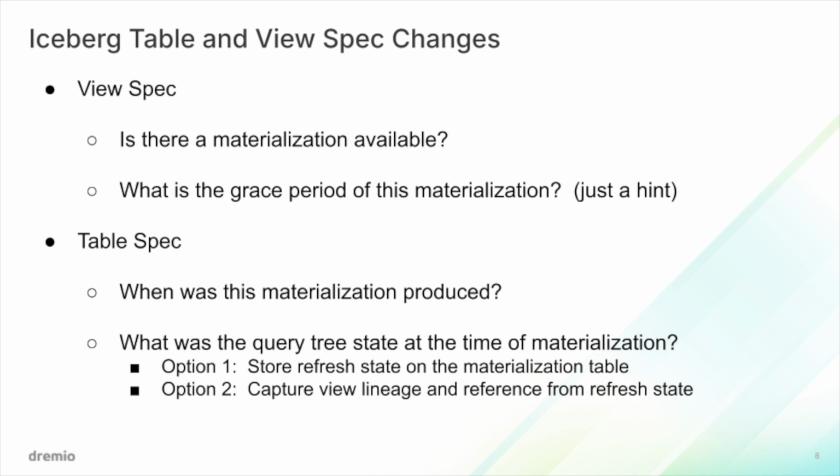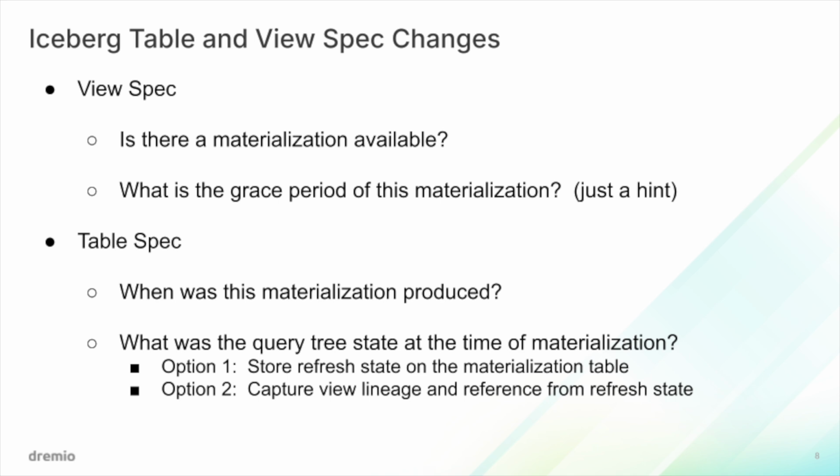But if you have a materialized view that is joining data from Oracle, for example, then it might be hard to know when data has changed in that particular Oracle table, right? And so then your grace period might start from when your refresh of the materialization started, right? So that's something to think about.